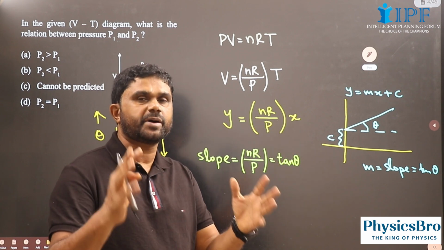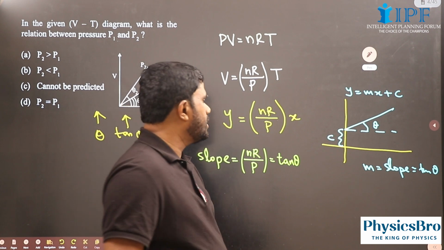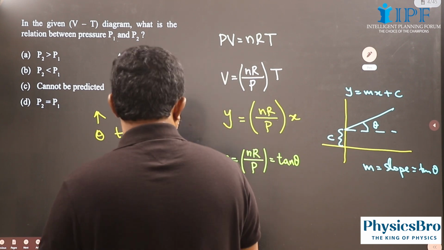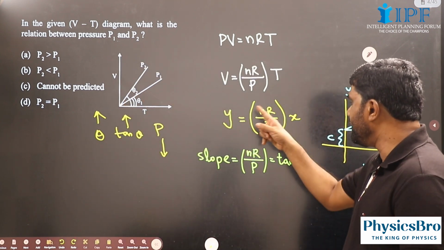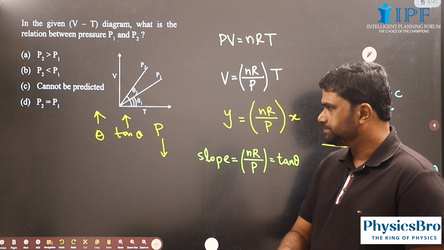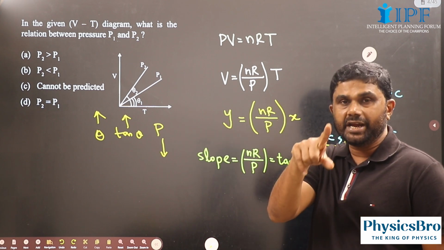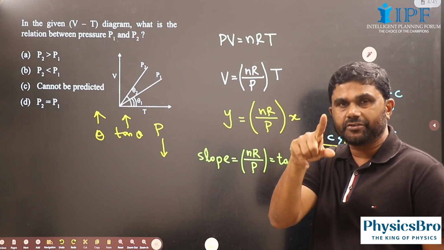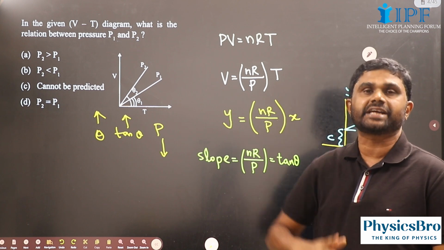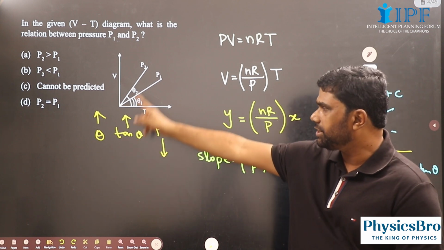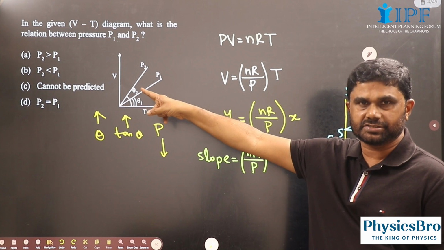Means the line must be passing through the origin. Okay, now see, this is the slope, nR by P, that is the slope. See, the angle made by a line with the positive x-axis is theta, then its slope is tan theta. As theta increases, tan theta increases.